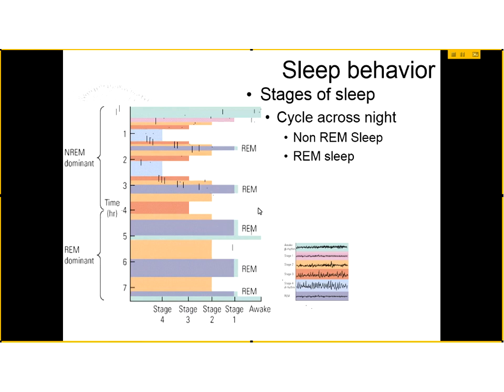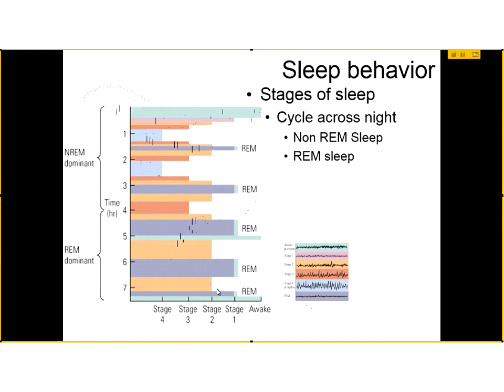And as the night progresses, what we see is an individual will actually spend more and more time in those lower stages of sleep. And we see later on in the night, there's a lot more time spent in that stage 2 sleep and transitioning from 2 to REM sleep, to finally when you wake up.